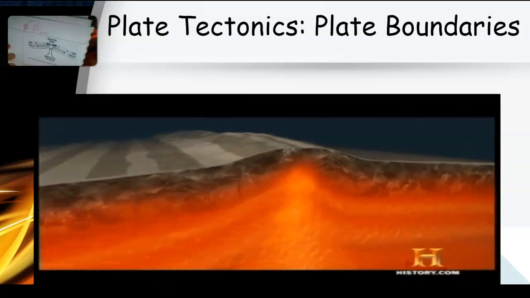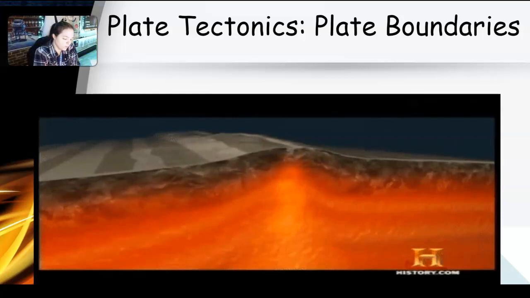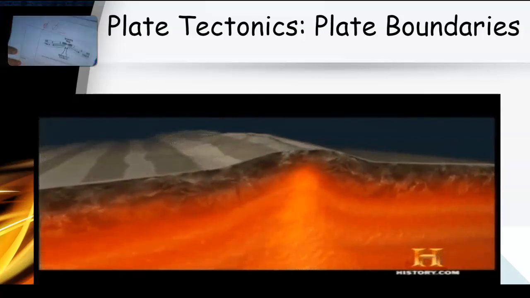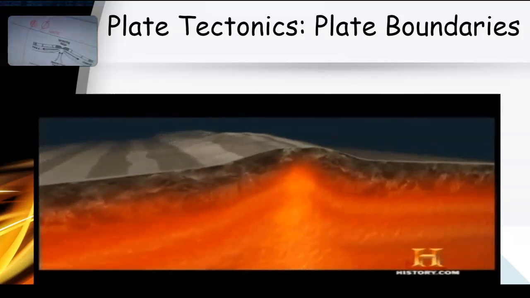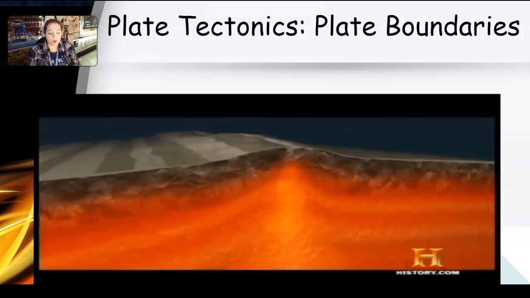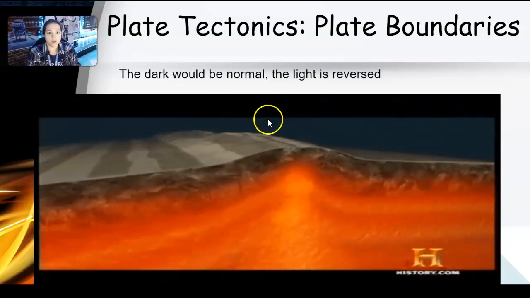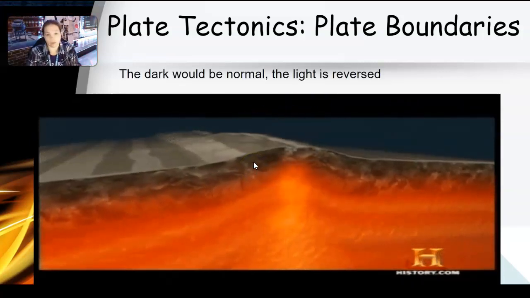So it reverses so that the north is actually south. And every so often it will flip. You do need to write those down. Let's see if there are questions. The dark would be normal, the light is reversed.